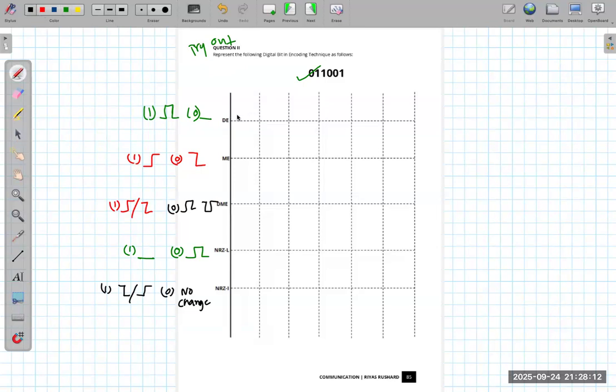Let's get started. 1, 0. If it's a 1, it goes up. 1, and then it's a 0. Not ones, two zeros. Nice, beautiful.